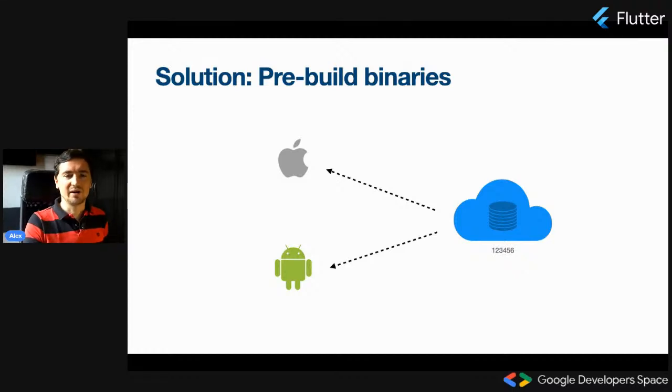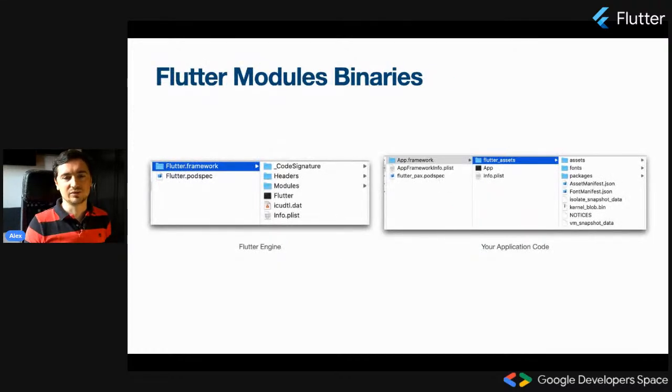So what are these binaries? Basically, they're two pieces. One is the Flutter engine, which contains the Flutter VM and Dart VM and some other tools that are needed for the runtime. And the other part is your source code.